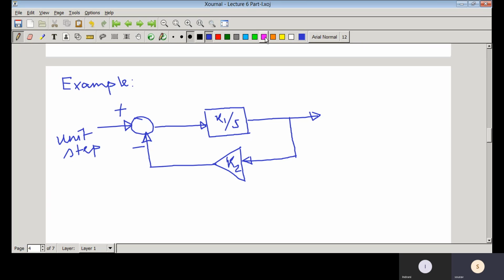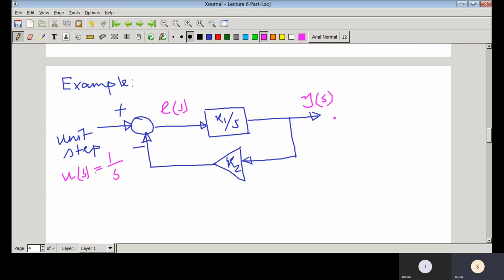So unit step means U(s) would be equal to 1 by s. Here you have the error signal E(s), and here the output Y(s), the Laplace transform of y(t).